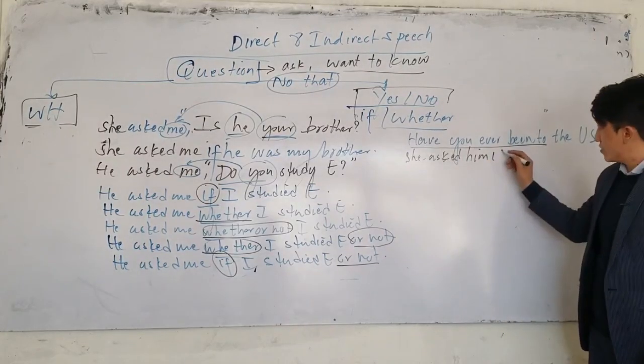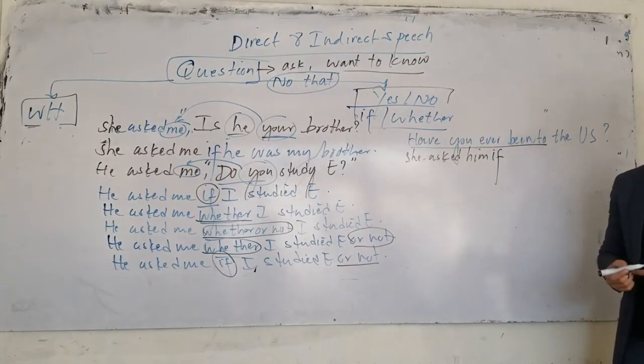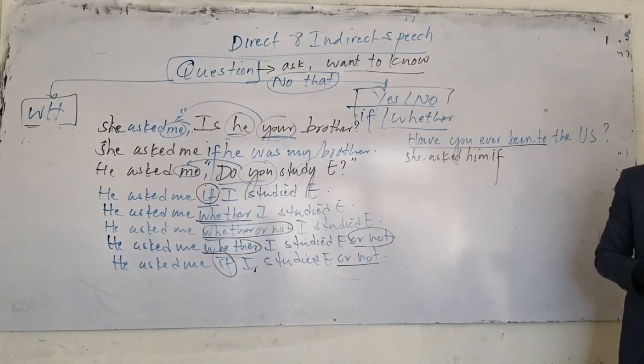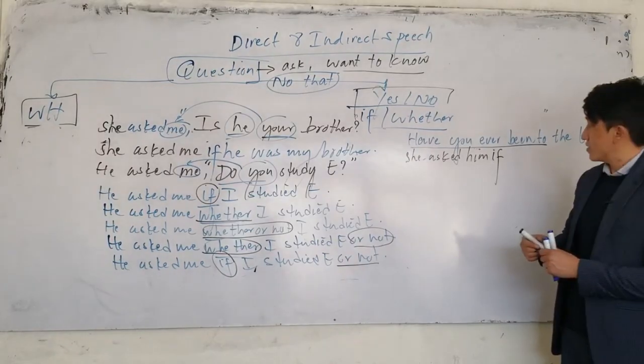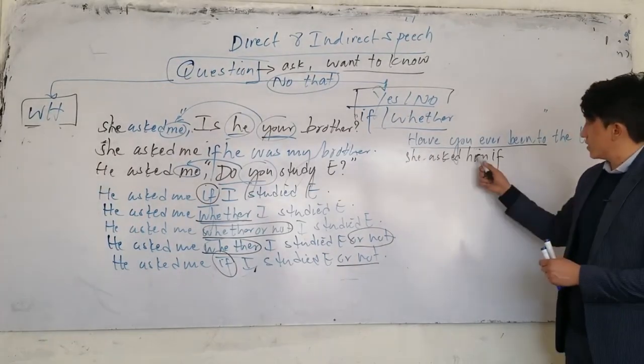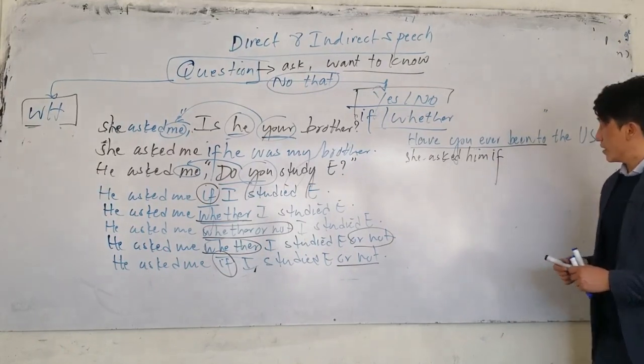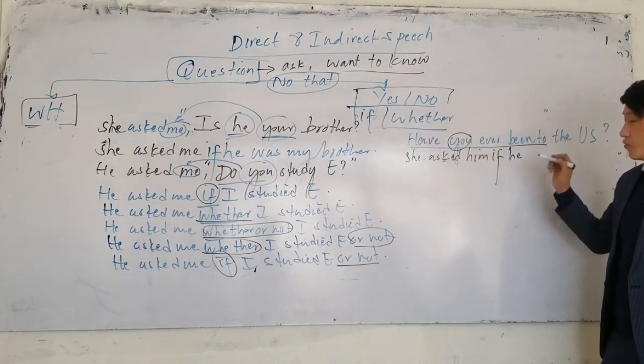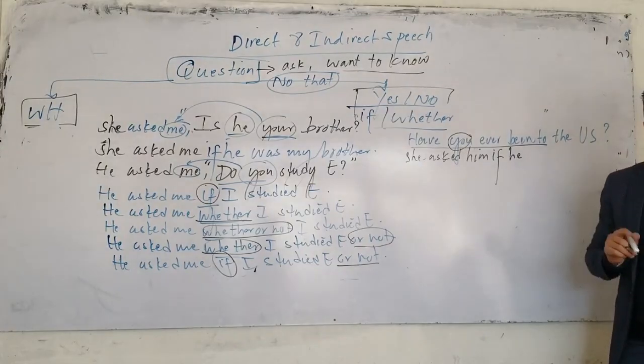Now here, what is subject here? In yes/no question we use if. After if, what should I use? What is subject here? You. You is the first person, second or third? If it's the second person, it changes according to the object. What's the object here? Him. So she asked him if, here you becomes what? He. What tense is this? It's present perfect. Present perfect changes to past perfect.